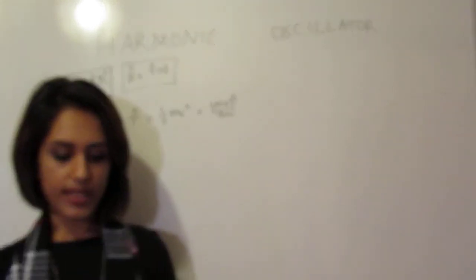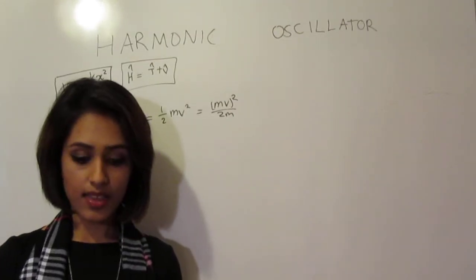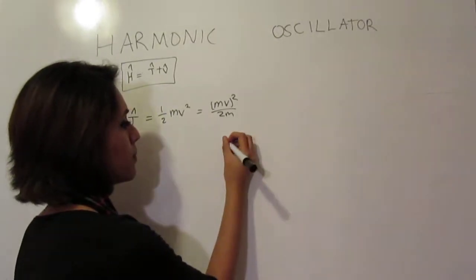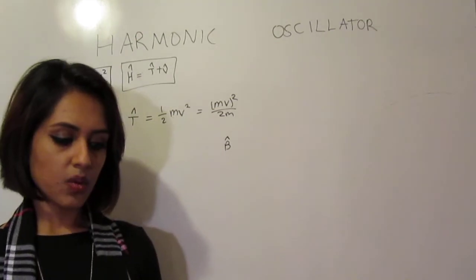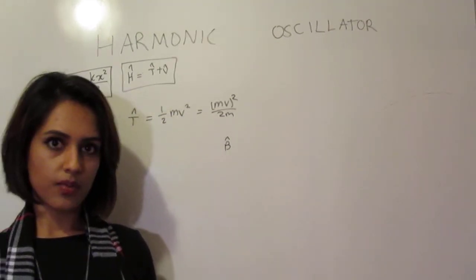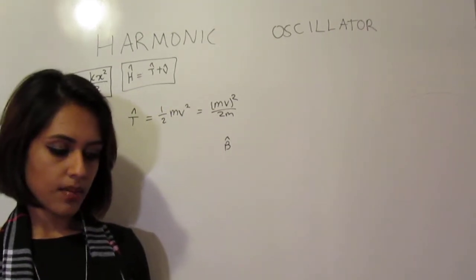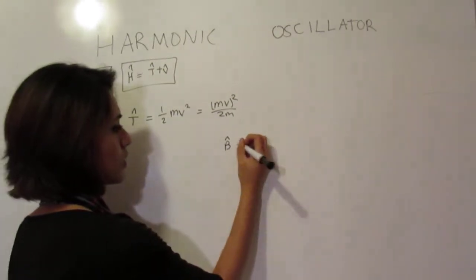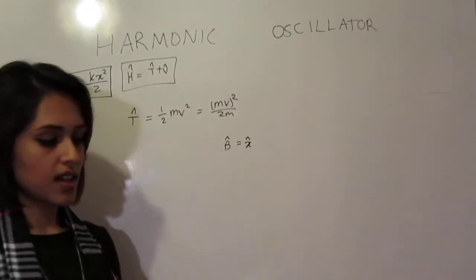An observable is a measurable property like a bond length, which is represented by an operator B. And all operators are built from operators of position and momentum. So the operator in position x is B equals x hat.